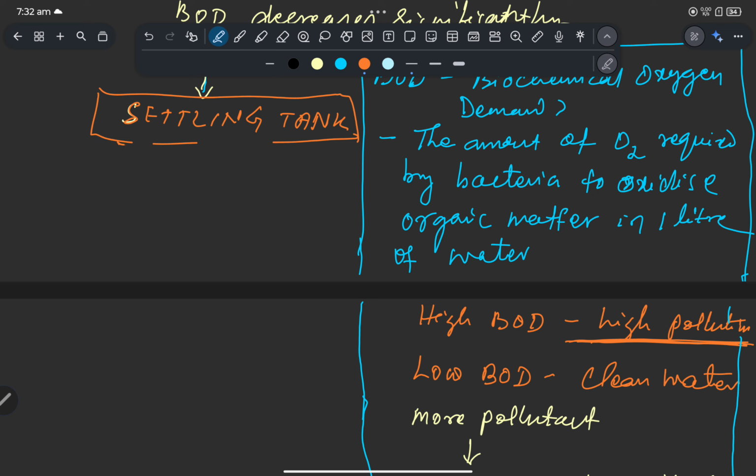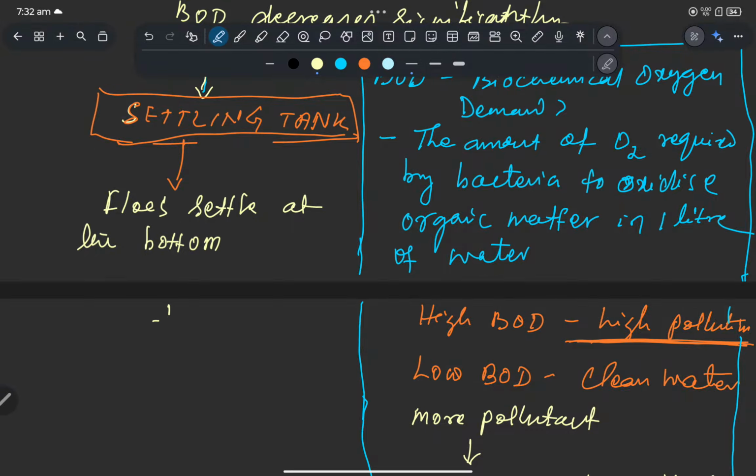Now when it goes to the settling tank, what happens? The floc settles at the bottom.